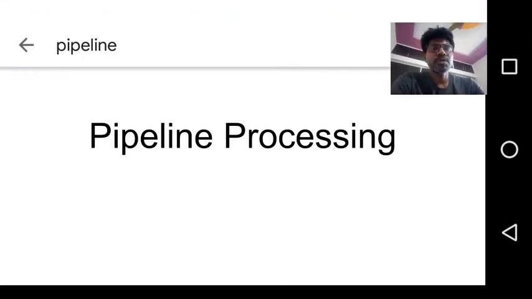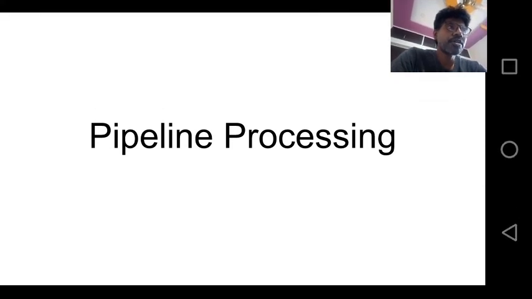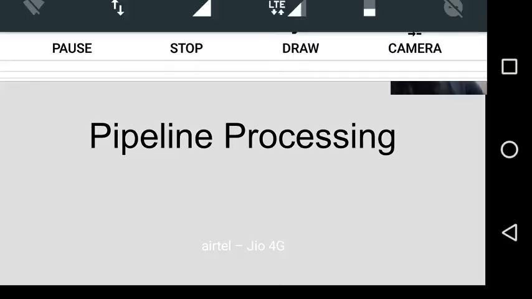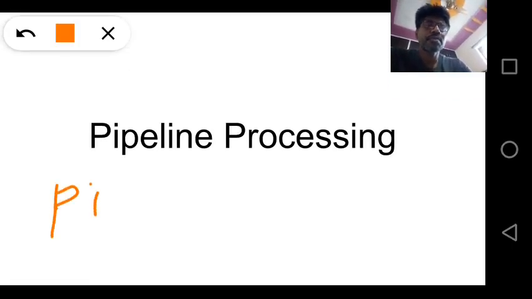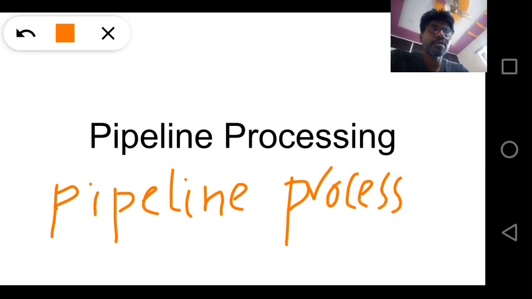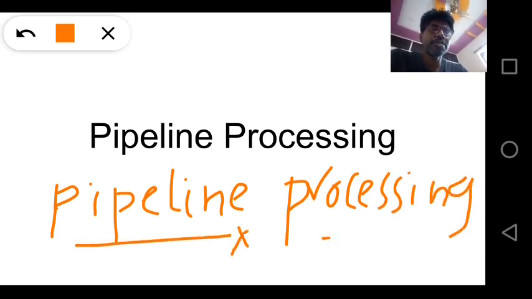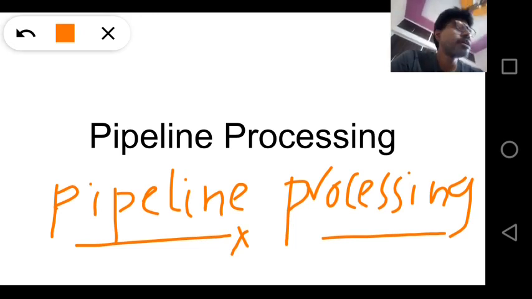Now we move on to another important topic, which is called pipeline processing. What is the importance of pipeline processing? First we try to understand what is meant by a pipeline.